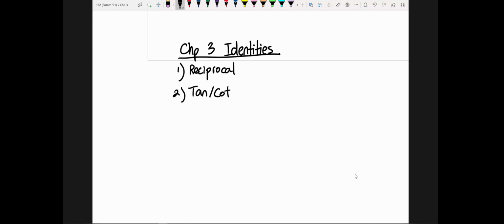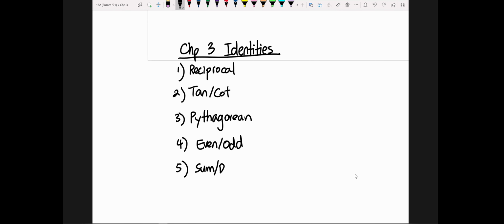We have reciprocal, tan, cotan, Pythagorean, even, odd. So those were the first four. And then we had the sum and difference for cosine. We had the cofunction identities.